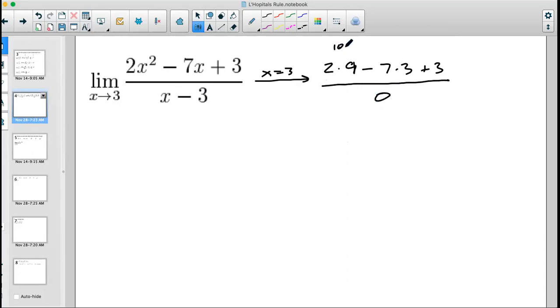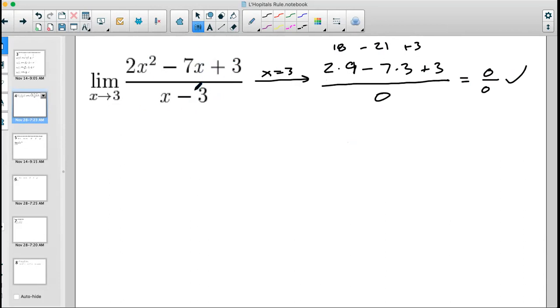This is 18 minus 21 plus 3, which I think is also 0. So this is 0 over 0. So I can use L'Hopital's rule to evaluate this limit. Some people might be looking at this and thinking, why the hell would you use L'Hopital's rule when you could just factor maybe? You should try that first, right? And the answer is 100%.